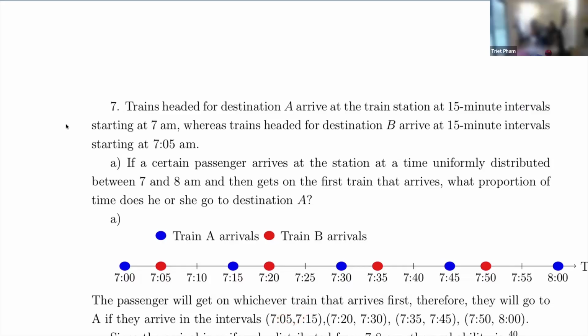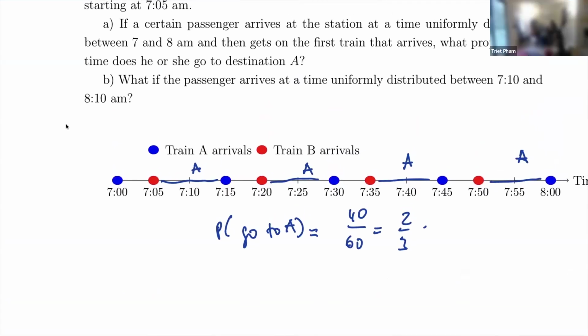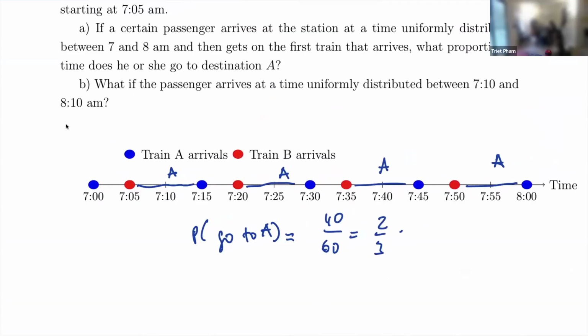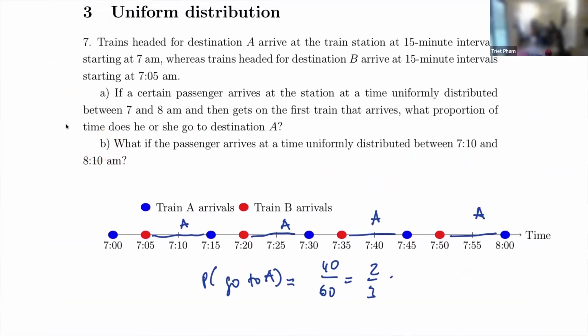So the answer in part A would be 40 over 60, which is 2/3. What about part B? How will we answer part B?